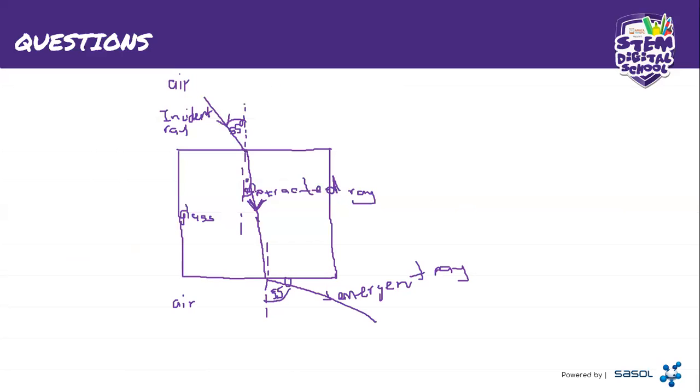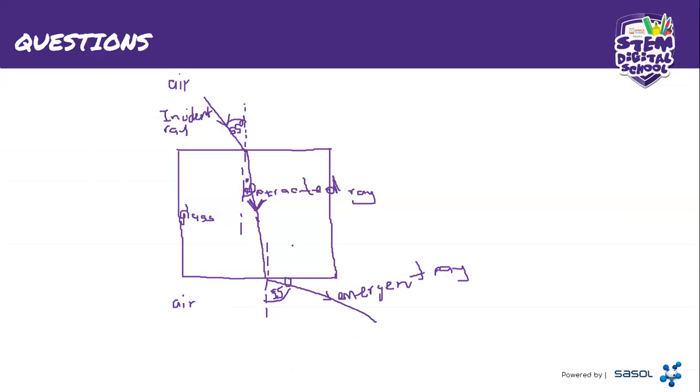The angle between the refracted ray and the normal is the angle of refraction, and we were told that it is 40 degrees. And then the angle between the emergent ray and the normal, we know that is the angle of emergence. Are we together?